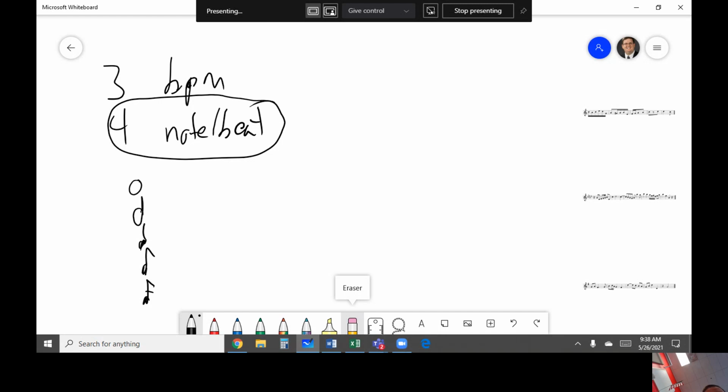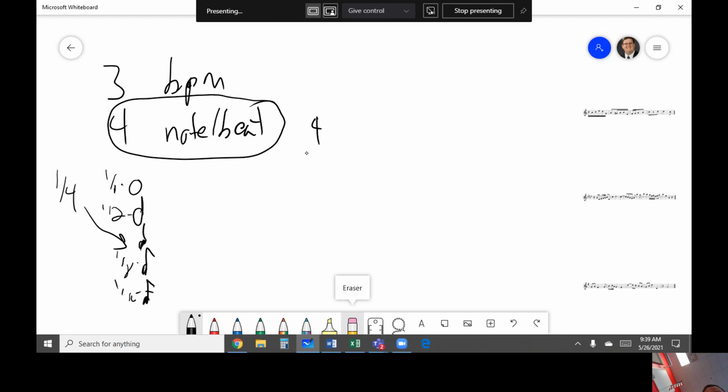If a 4 is on the bottom, it corresponds to a quarter note, just like 1/4 is a quarter. If a 2 is on the bottom, it corresponds to a half note. If a 1 is on the bottom, a whole note. If an 8, an eighth note. And if a 16, a 16th note.